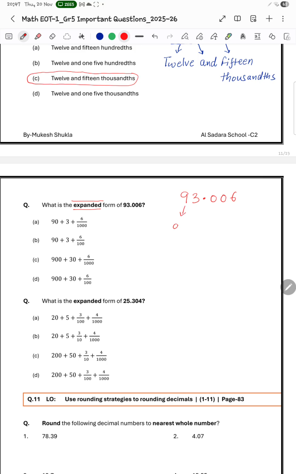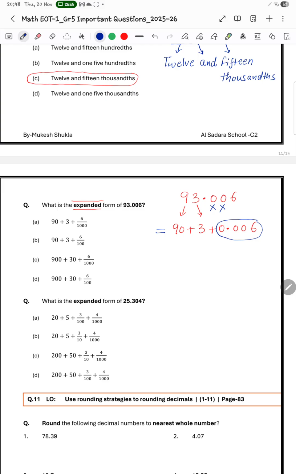So this will be 90 plus this will be 3 ones and plus this will be 0.006 because there is no number on tenths place and on hundredths place. So this will be your expanded form. Sometimes they will not give you this.